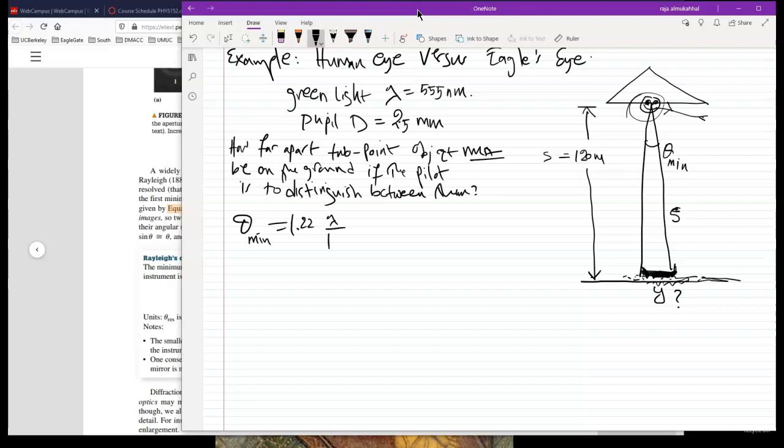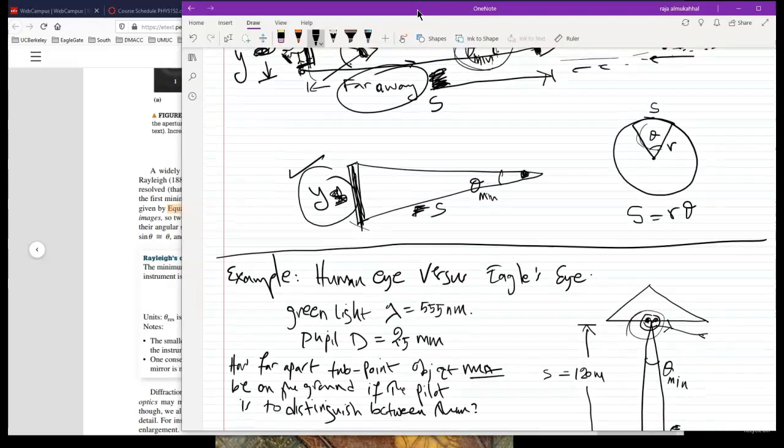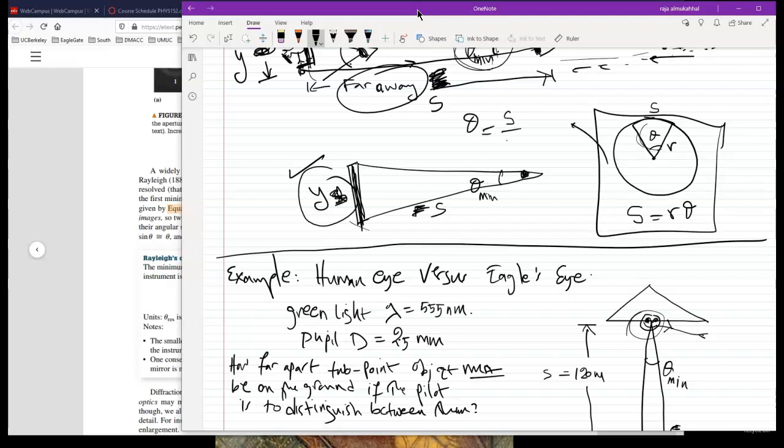1.22 lambda over d. I have everything. But remember, also, theta min is equal to what? From geometry, go back to that formula right here. Theta is equal to S over R. For our case, we call that y, and we call that S. Sorry about that, that's what your book uses.